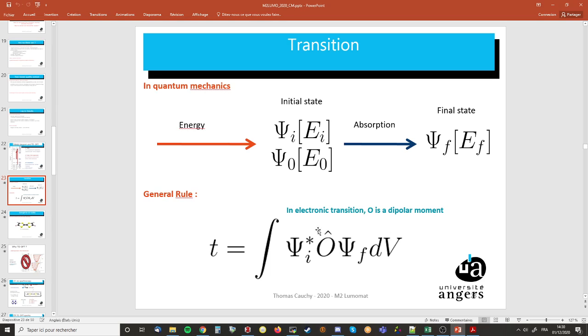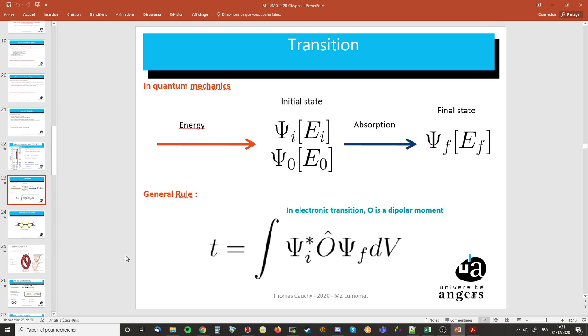And you have an operator, you need to create some dipolar moment. If your transition does not create any dipolar moment, you will have no absorption. If your ground state and excited states are totally orthogonal, if there is no overlap between the two, there is no transition.